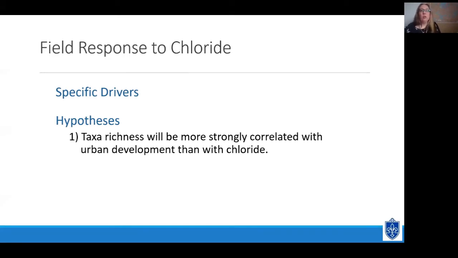Urban development has long been identified as a driver of diversity loss in stream ecosystems. And so this hypothesis reflects the thought that at the broadest taxonomic level, the different effects of human land uses will wash out any more specific effects from chloride.